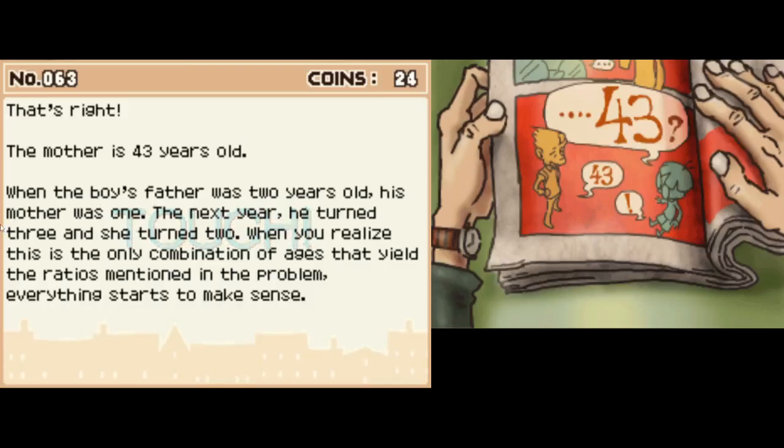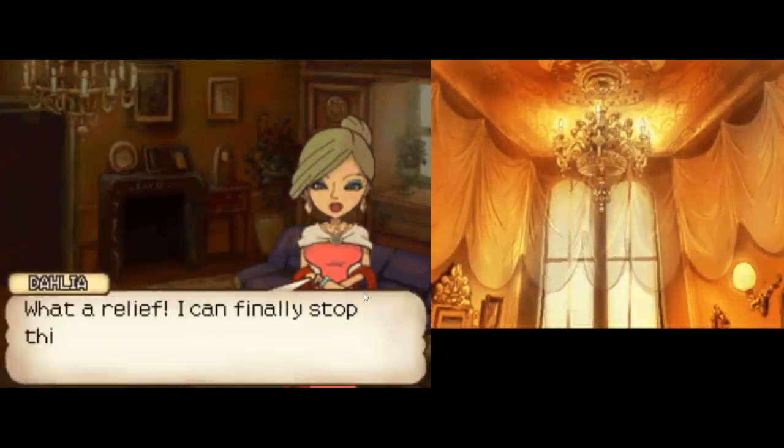But next year he turned 3 and she turned 2. When you realize this is the only combination of ages that yield the ratios mentioned in the problem, everything starts to make sense. Well, to me it didn't. Seriously, to me it didn't.